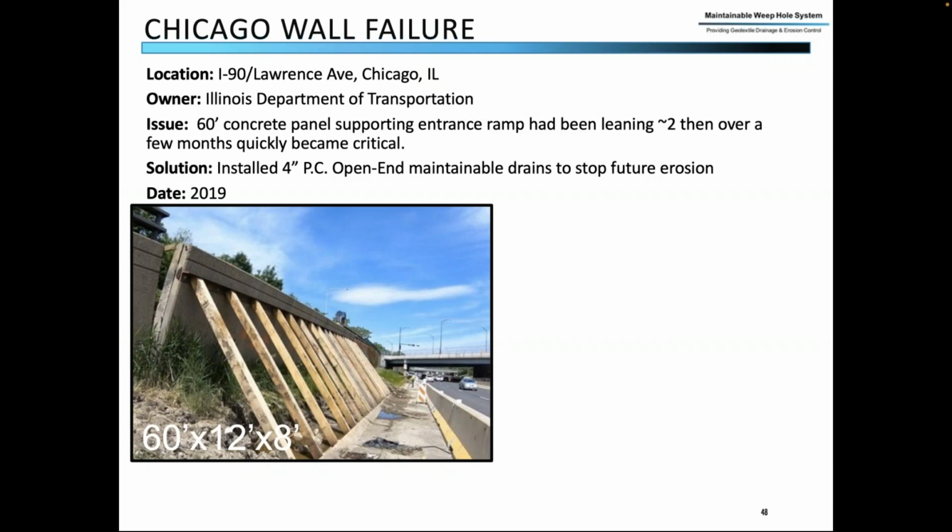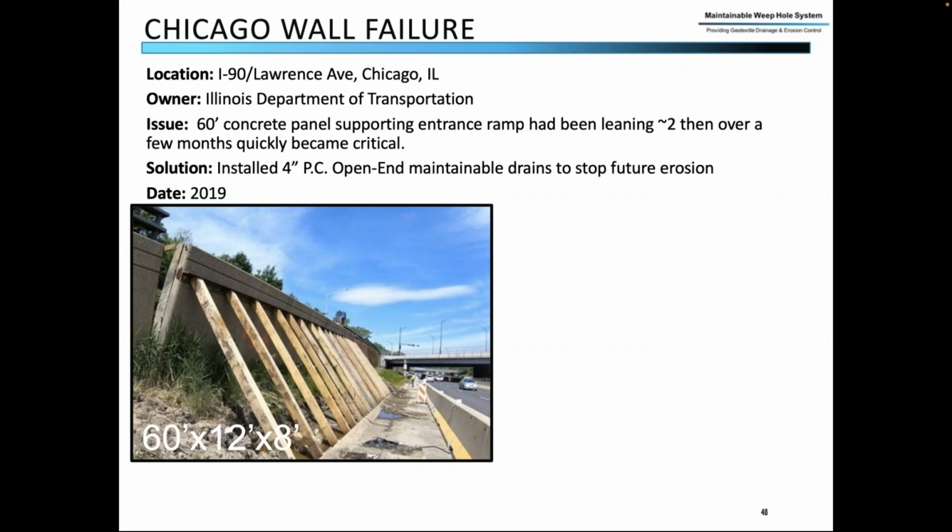And then as they were watching them, one of these fell over during a polar vortex. And when they excavated, they realized that the stem and the base had totally corroded away. So the only thing holding this panel up was the weight of the panel and the surrounding soils.